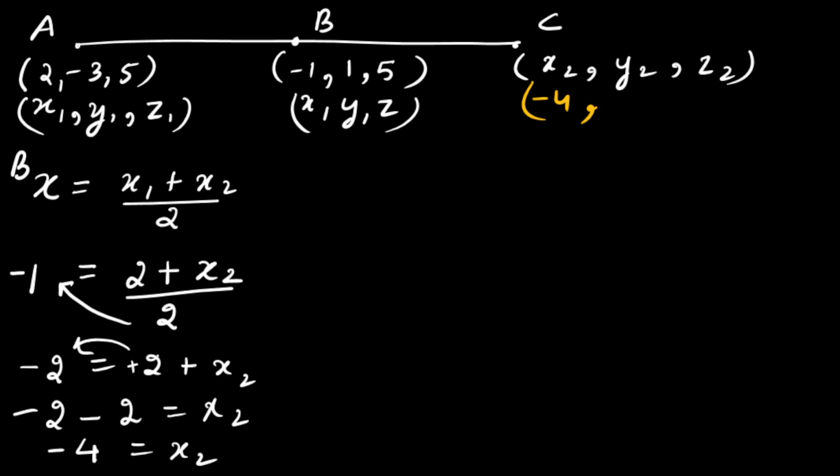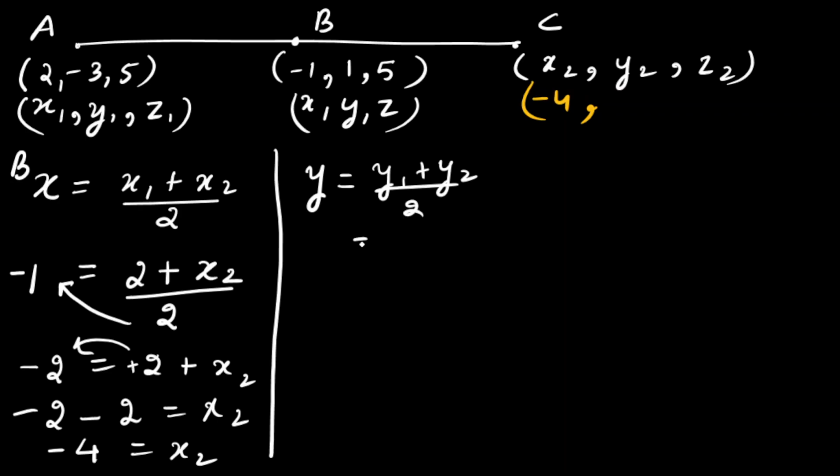Let us find the value of y now. For point B, which is the midpoint, the y coordinate is equal to (y1 plus y2) by 2. The y coordinate is already given to us, it's 1, so I'm plugging in the value of y as 1. Y1 is given as negative 3, y2 is not given, so as it is we write by 2.